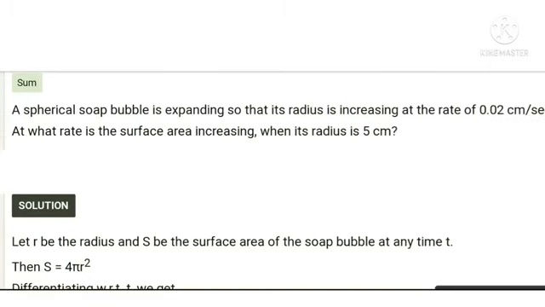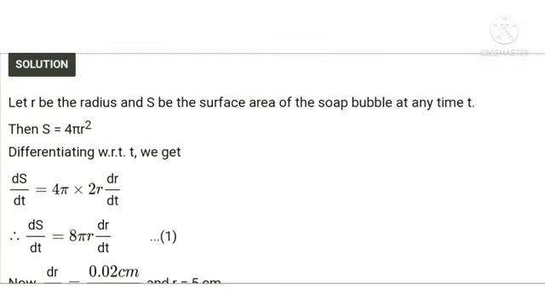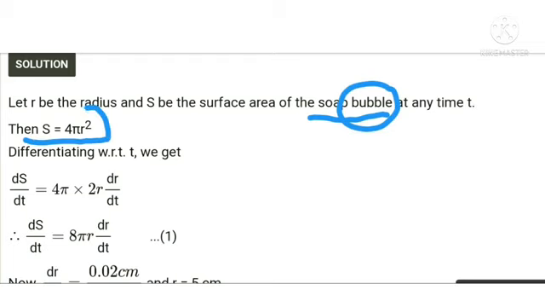See, first you suppose that r is the radius of the soap bubble and s is the surface area of the soap bubble at any time t. We know a soap bubble is spherical in shape. So what is the surface area? You learned in 10th standard, s is equal to 4 pi r square.